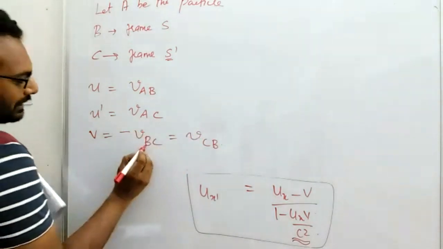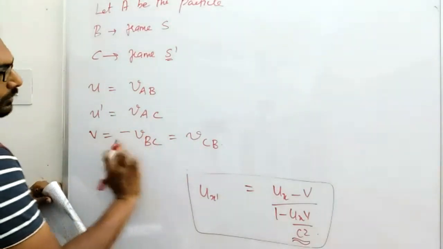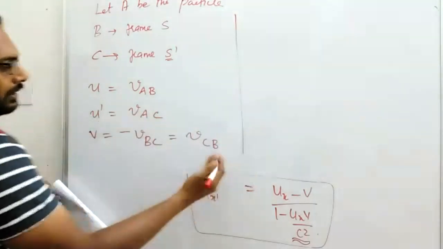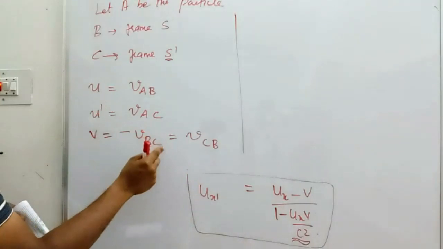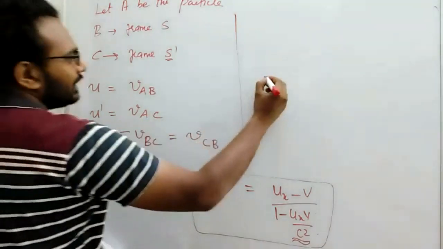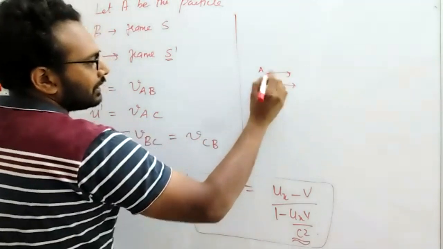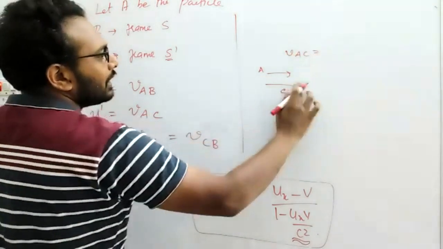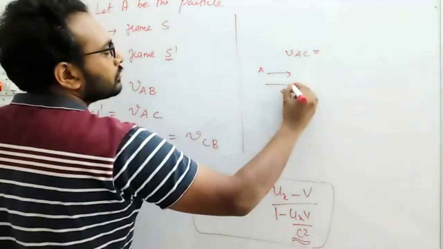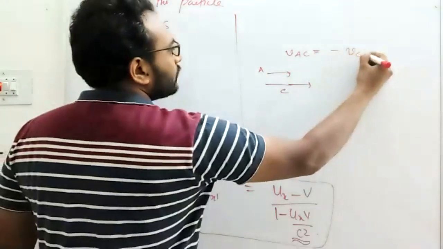This is the speed of B with respect to C, with a minus sign, or the velocity of C with respect to B. So when you interchange this, you get a minus sign. Velocity of A with respect to C is equal to minus velocity of C with respect to A.